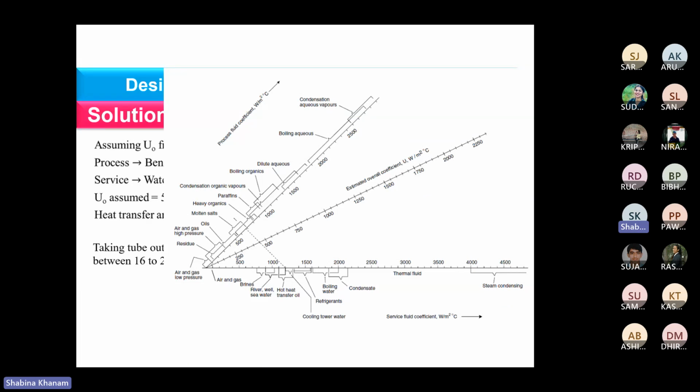For the overall coefficient value, we have considered the paraffin category, though it is not paraffin, because if you consider heavy organic, it also does not fall in that category, so we can consider this. If you consider paraffin, you can take the middle point.